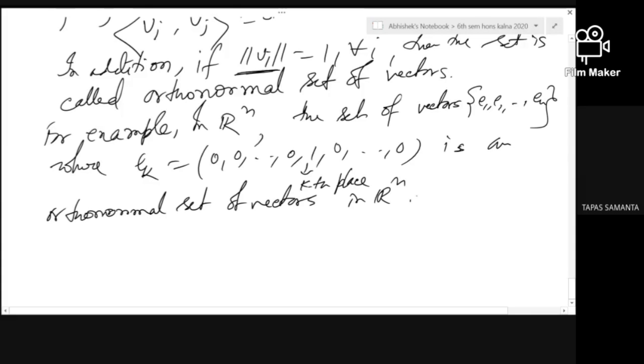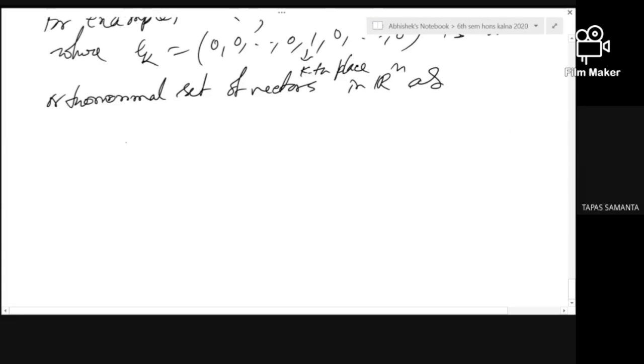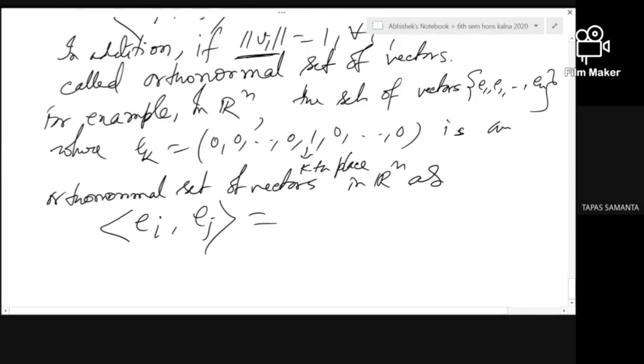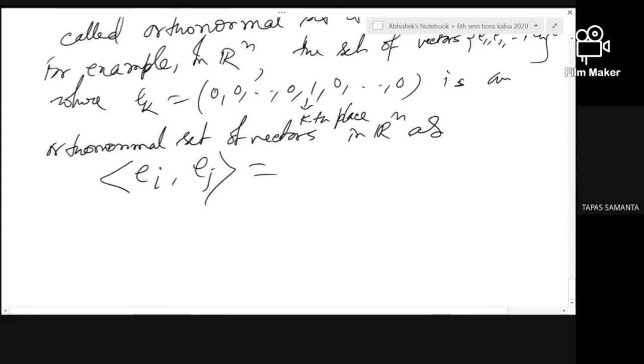Because if you do the inner product of Ei and Ej with respect to the standard inner product, you do the component-wise multiplication first and then add them. Thus we will get 0.0 plus 0.0 plus 0.0, at the ith stage it will be 1.0, and at the jth stage it will be 0.1.